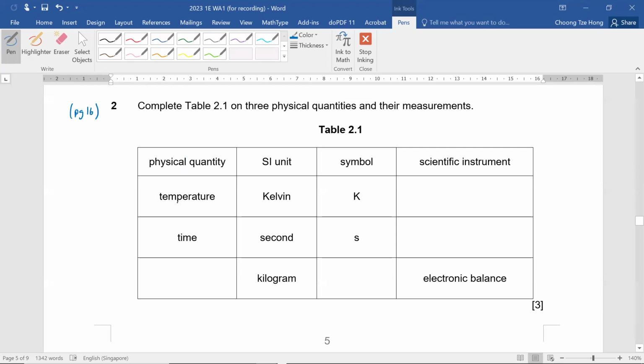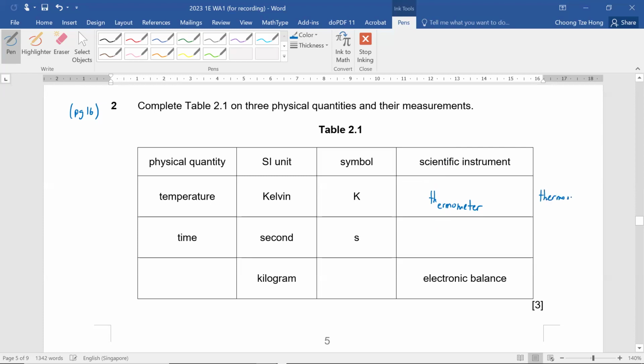So the physical quantity is temperature, the SI unit will be Kelvin, the symbol will be K. What will be the instrument that is used to measure temperature? It should be obvious to you that it's the thermometer. The thing is jumping because this is a table, so maybe I have to write outside the table.